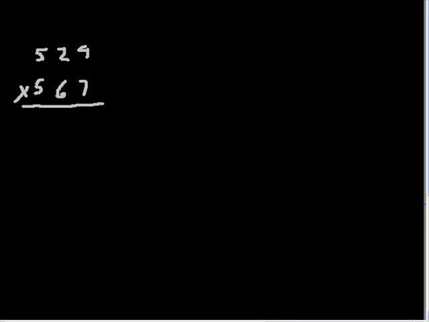So the first step, we're multiplying all the top numbers with the one digit's place value in the bottom number, so times 7. I think our first color will be yellow, and 9 times 7 equals 63. Put my 3 down, carry my 6. So my next step is to multiply 2 times 7, which equals 14.